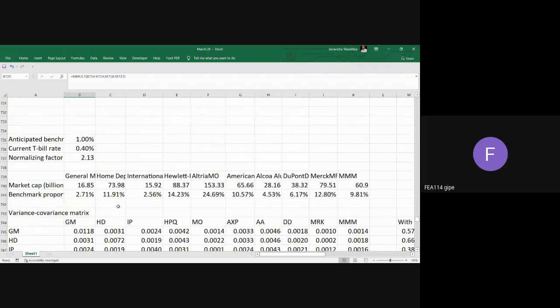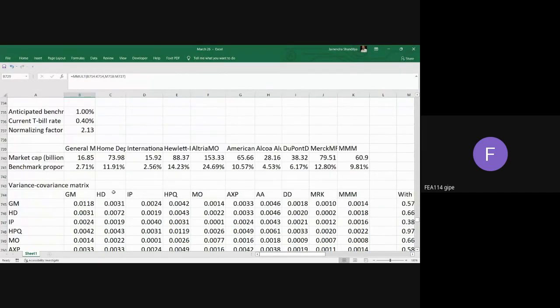So let's see how I calculate the normalizing factor. I already did it in the earlier case here, so I will delete this and calculate it once again. For this normalizing factor, I calculate the expected return, this minus this, which is the formula for the normalizing return.